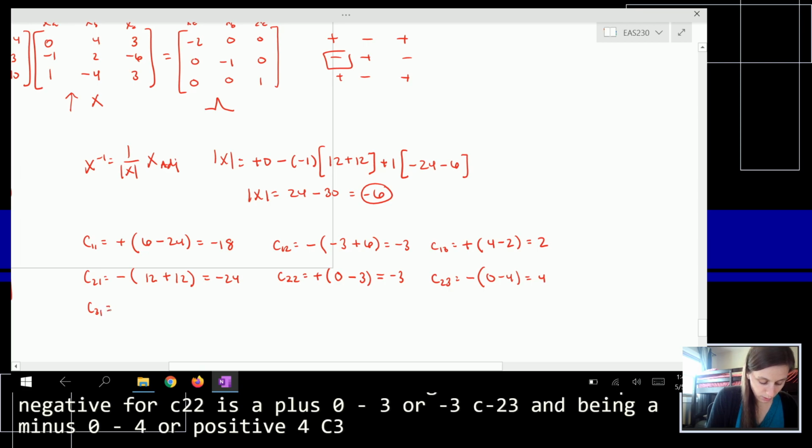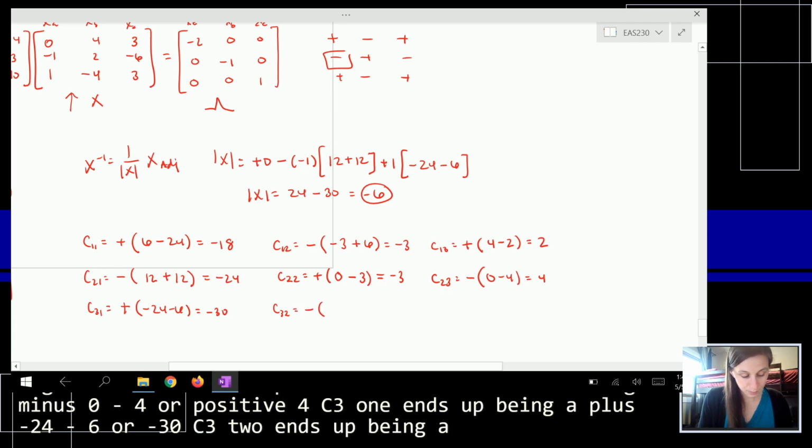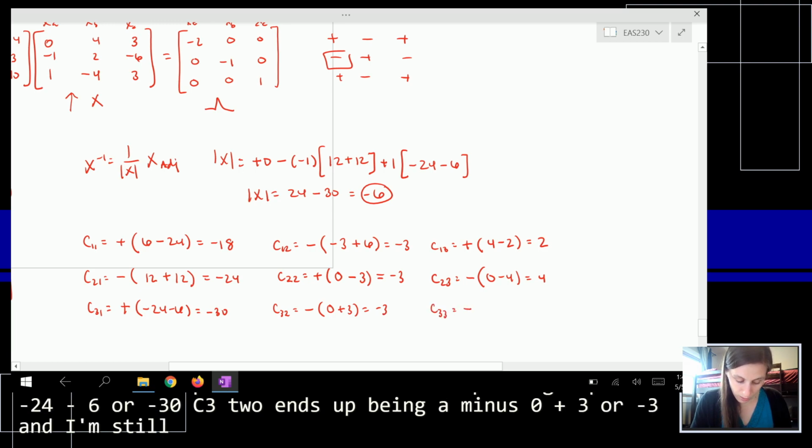C31 ends up being a plus negative 24 minus 6, or negative 30. C32 ends up being a minus 0 plus 3, or negative 3. And then C33 ends up being a plus 0 plus 4, or 4.